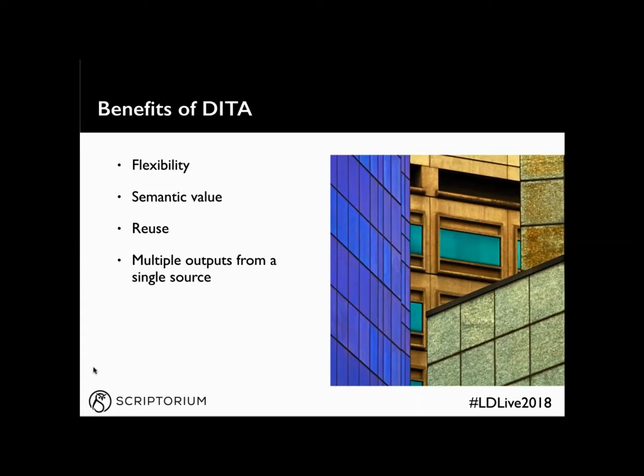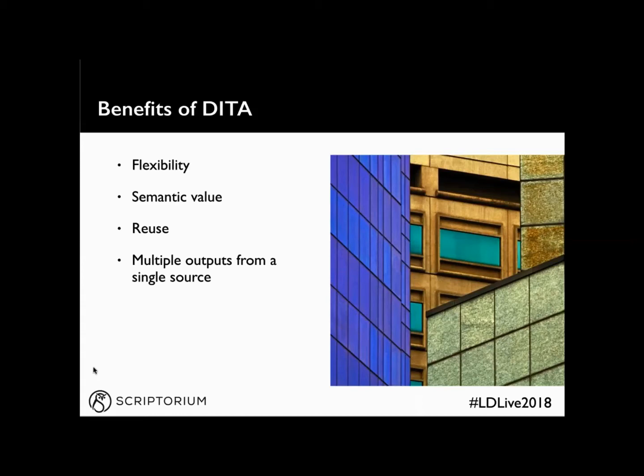And then finally, we have multiple outputs from a single source as a benefit of DITA. And that comes from this idea we just talked about of separating content from formatting. When you have your formatting existing separately from the content itself, that makes it easier to produce multiple outputs from one source.